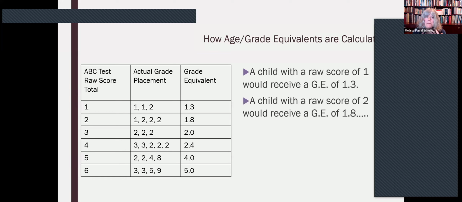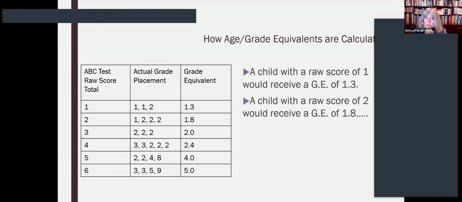Okay, so we administered the ABC test. And we were testing kids in my norming sample from first grade all the way through ninth grade. The age grade equivalent is based on the average grade placement of all the kids in the norming sample who earned the same raw score.